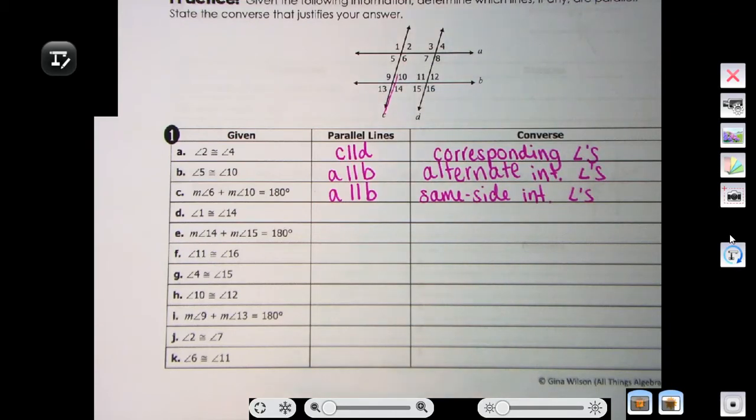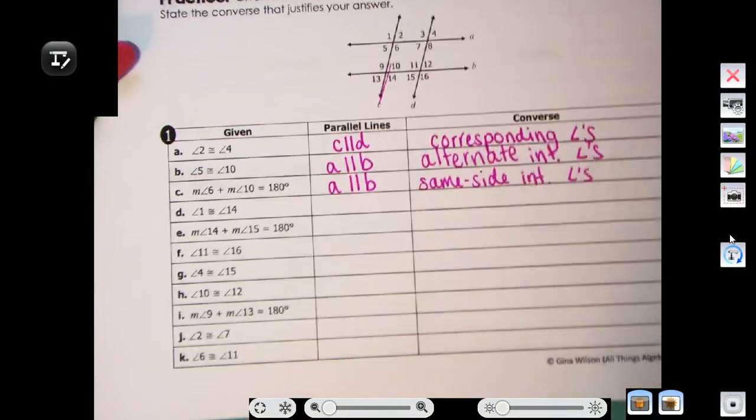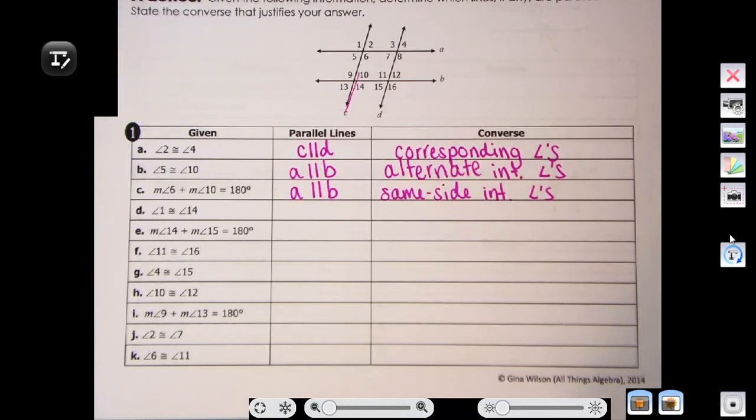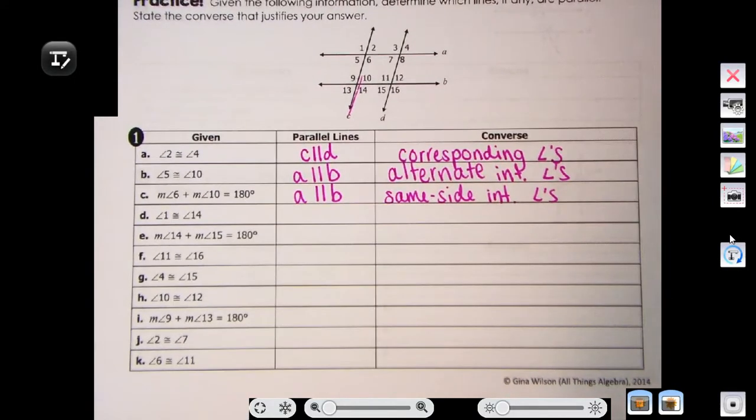So let's see if you can actually try to fill out the rest of this table on your own. It's really good practice for you, a really good idea for you to try these on your own so you can start to kind of look at it and process it in your mind. So I'm going to say to pause and give these a try.